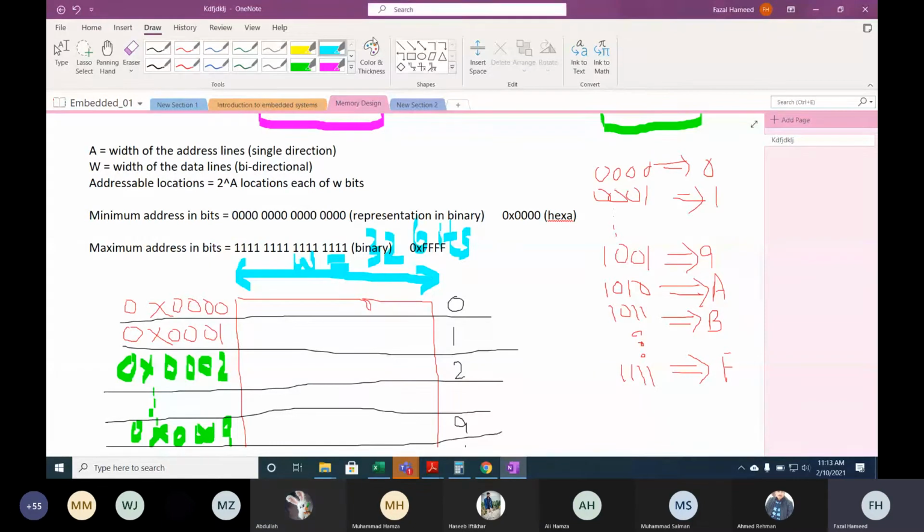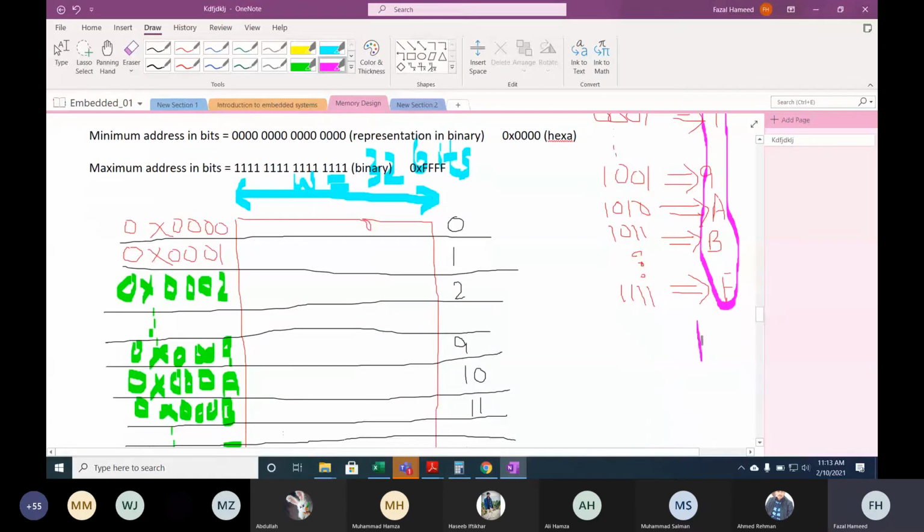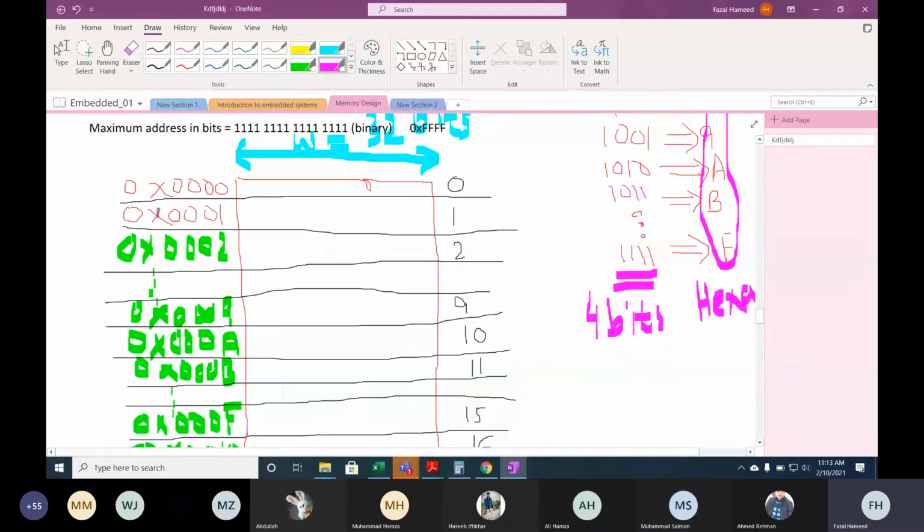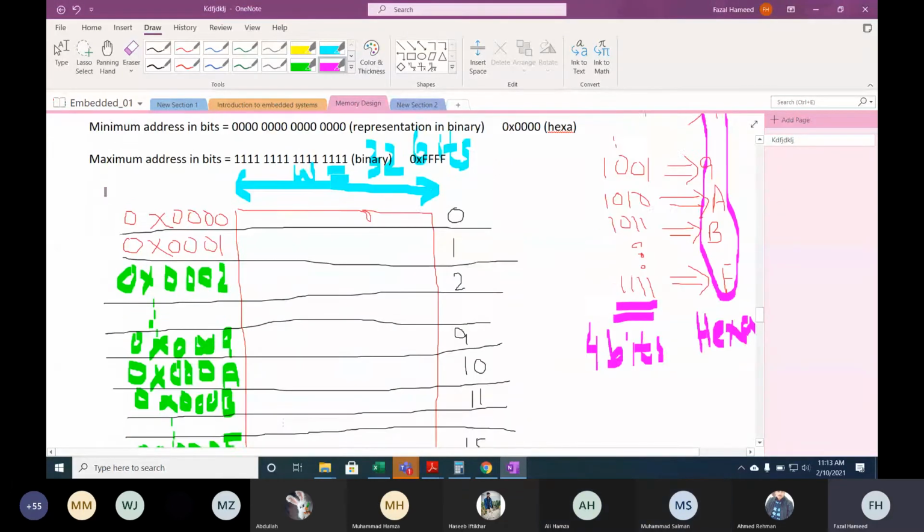If you look on the right hand side, this is a hexadecimal digit. And each hexadecimal digit requires how many bits? 4 bits.